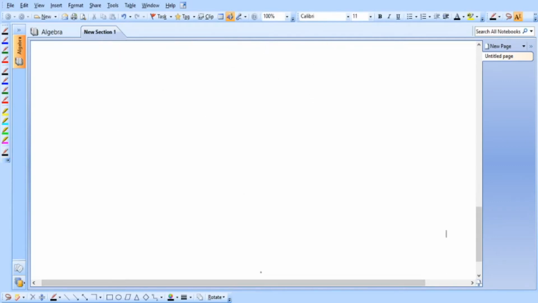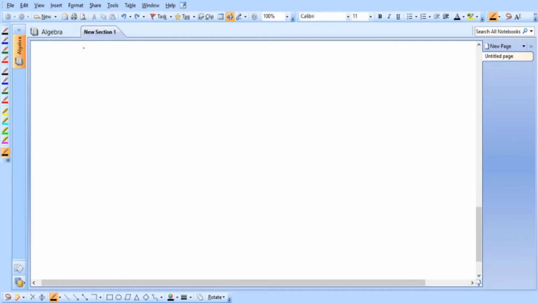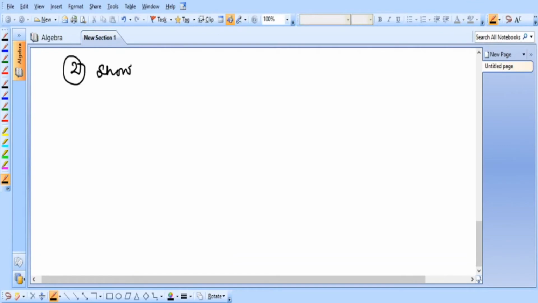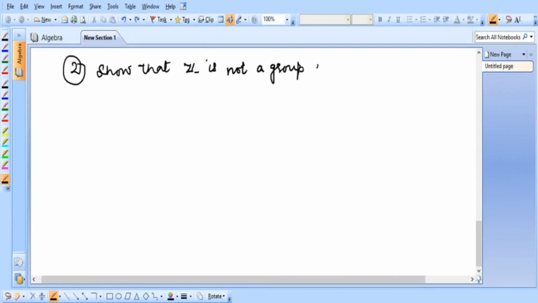So now problem number 2. Show that Z, that is the set of integers, is not a group under simple multiplication.